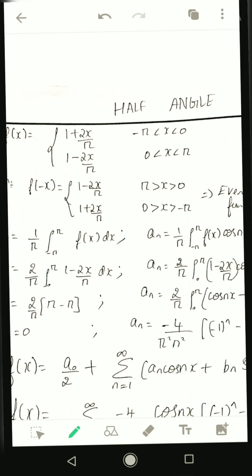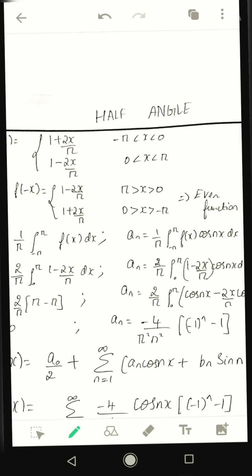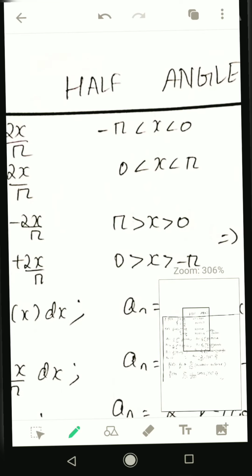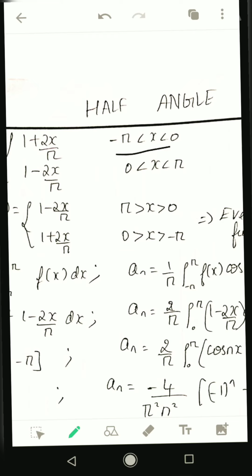So the upper term and the lower term are being interchanged. When this happens, it's an even function. So when it's an even function, just look at the question. Here the interval is minus pi less than x less than 0, 0 less than x less than pi.